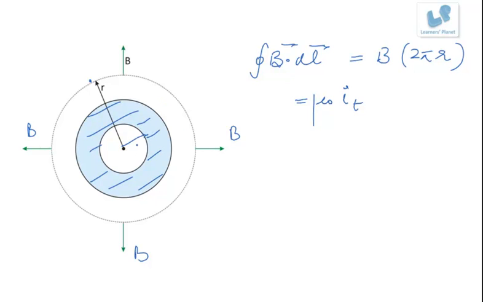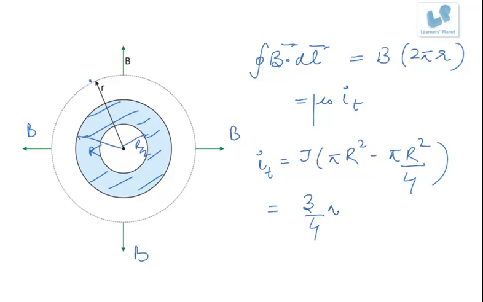The inner radius is R by 2 and the outer radius is R. So the value of I_t will be given by JπR² minus JπR²/4, which is 3/4 πJR².